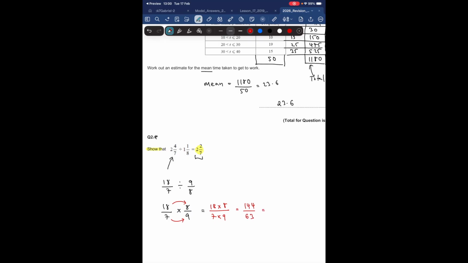We can now type this into the calculator to get our answer. 144 divided by 63, that simplifies down to 16 over 7. And that is going to be equal to 2 and 2/7, which is the answer that we had here.